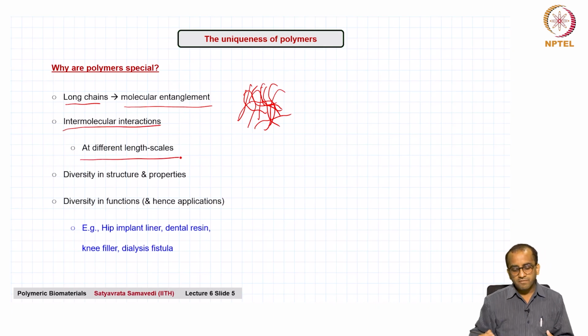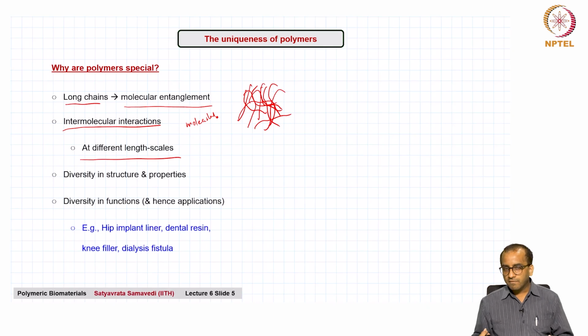You can also have intermolecular interactions, and this can again be thought of at different length scales. You can start with the molecular level, where we are talking about how the different units are connected to each other, and as we saw, that is covalent bonds that connect the different units together in a single chain.